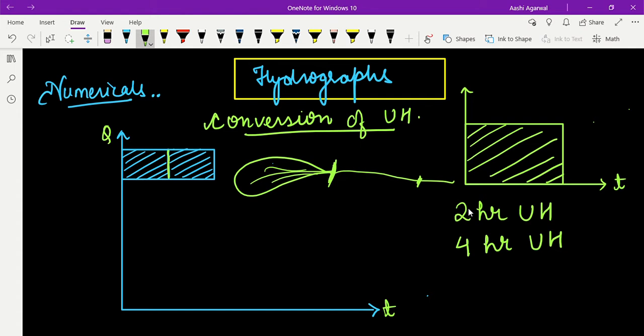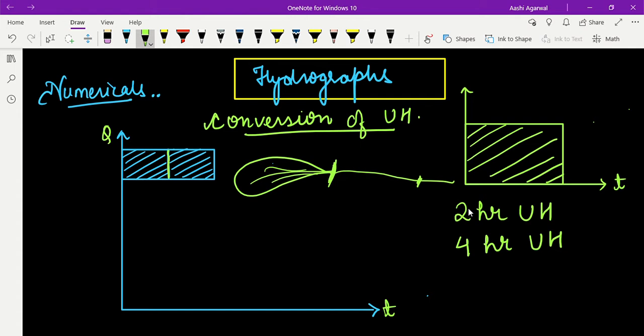Now, to get information about hydrological events like floods, and even to analyze droughts, you need to understand the rainfall runoff pattern. So in all those cases I need the hydrographs of different durations, because you cannot say that every time 2 hours of rainfall will be occurring over a catchment, maybe 3 hours, maybe 2.5 hours.